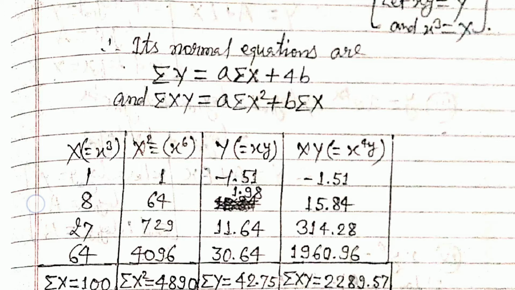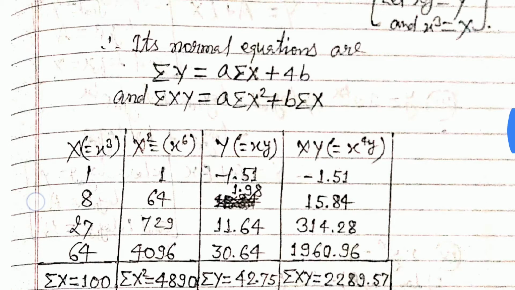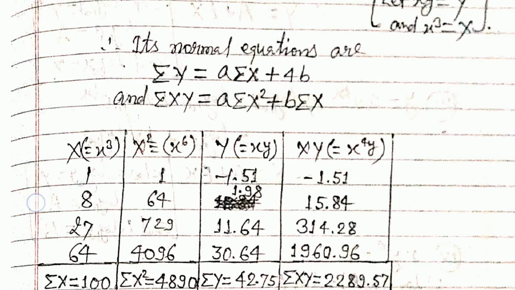By multiplying by X in the first normal equation. We have discussed this in detail in the previous video, so you can see there how we find the normal equations of a given distribution for a particular curve.